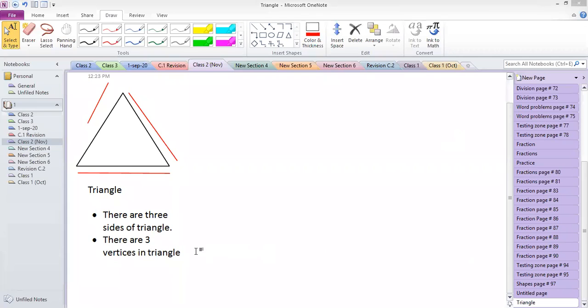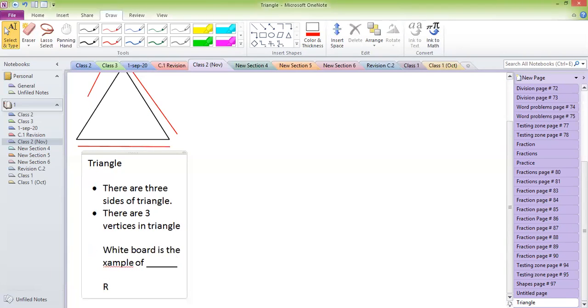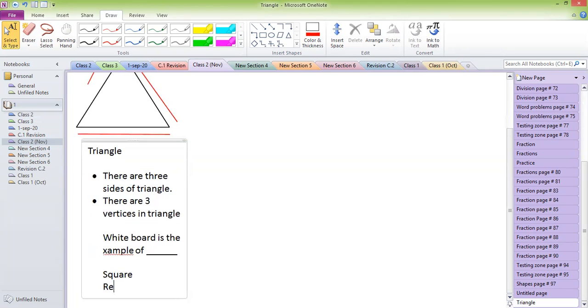Now I'm going to ask one last question. And the question is, whiteboard in class. Whiteboard is the example of dash, square or rectangle.